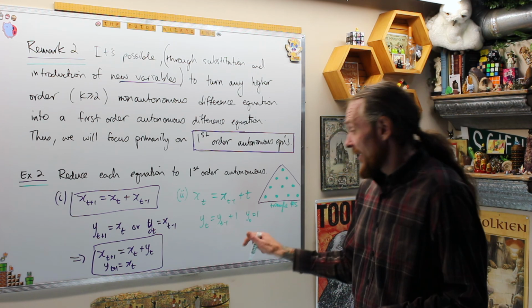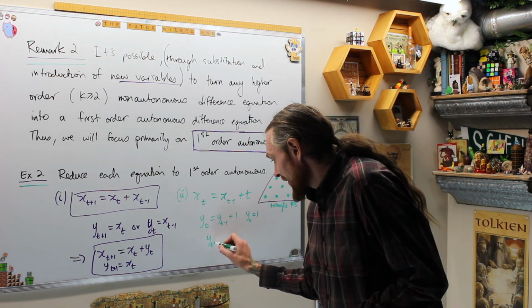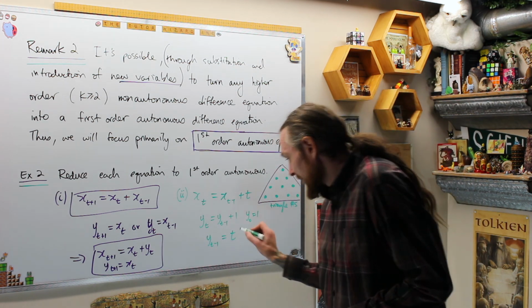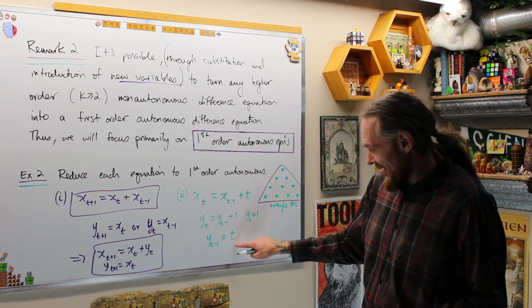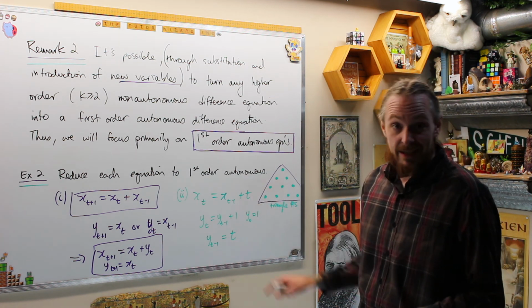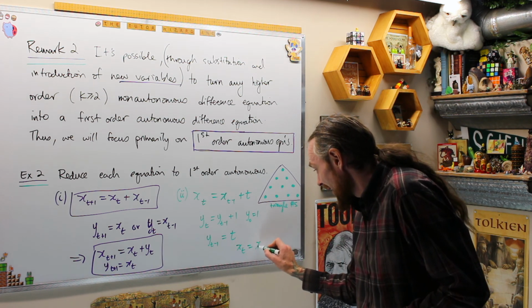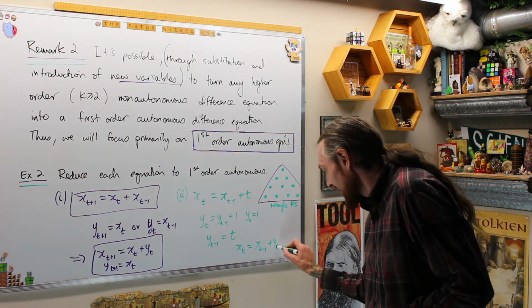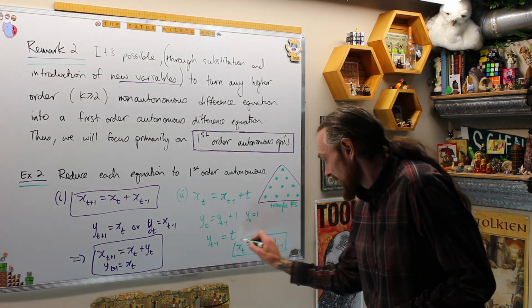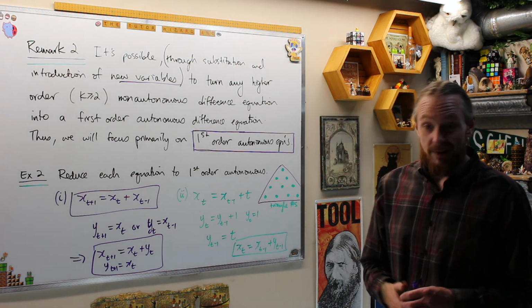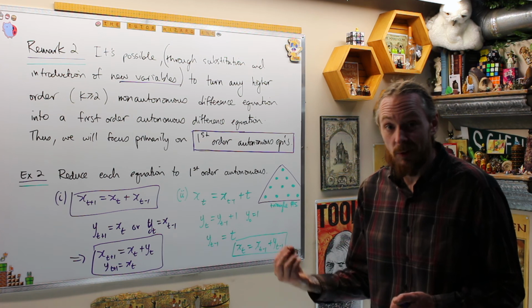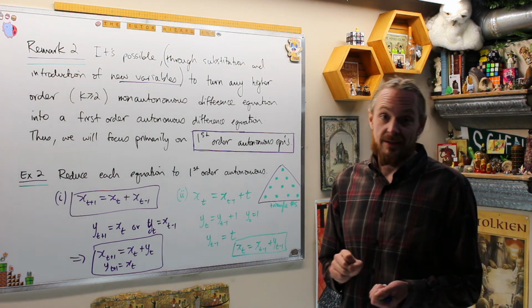So what is that going to tell us? y_{t-1} is equal to t. Therefore, you can see now the t can be put into a new system, and that's going to give me x_t is equal to x_{t-1} plus y_{t-1}. And now that is first order. There's another variable introduced, but it's first order and homogeneous, not non-homogeneous.